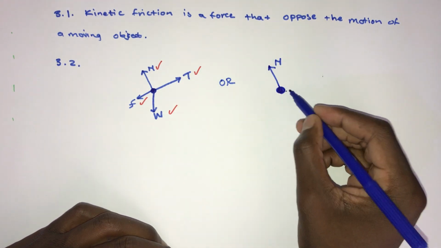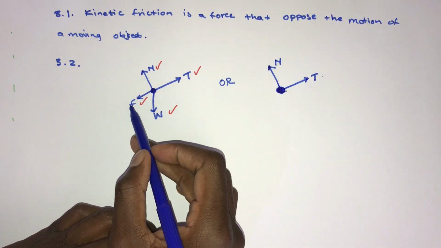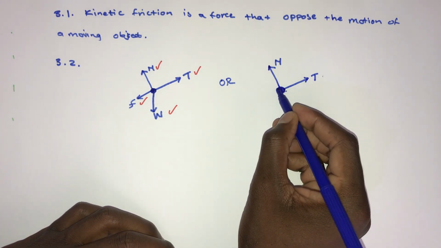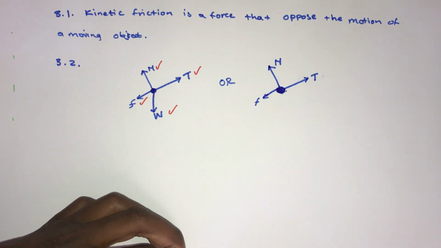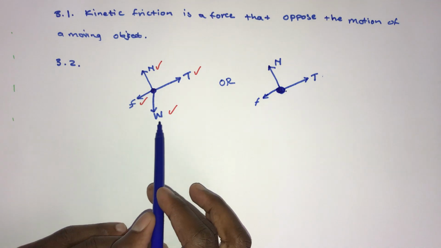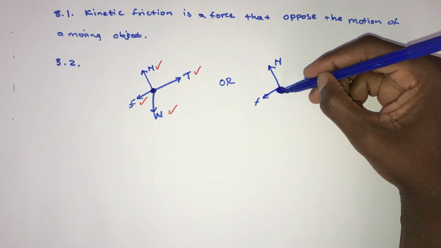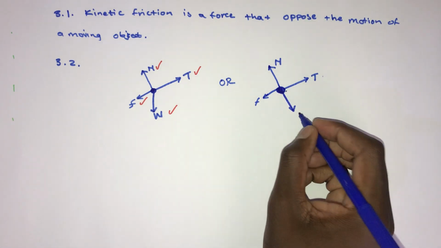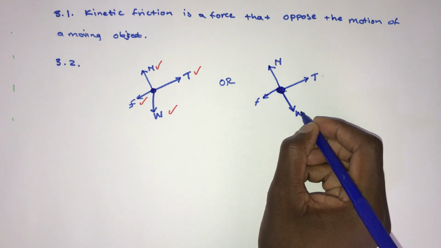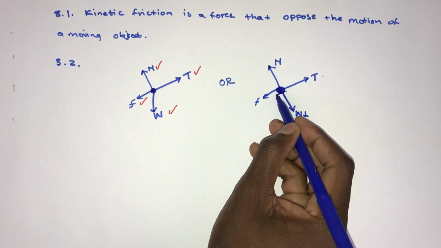And then this tension going up the incline, tension. And then the frictional force, this is the frictional force opposing. And then this weight, it has components. That means it has the perpendicular weight. This one is always moving straight with the normal force, so we call it weight perpendicular. And then there is a weight parallel.